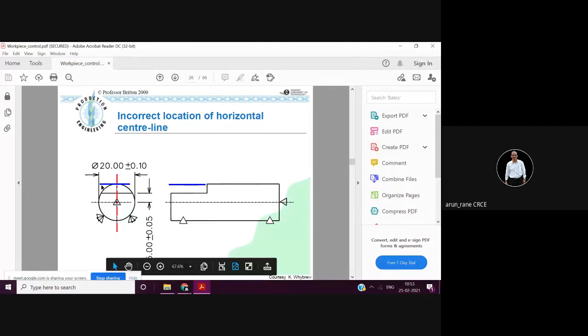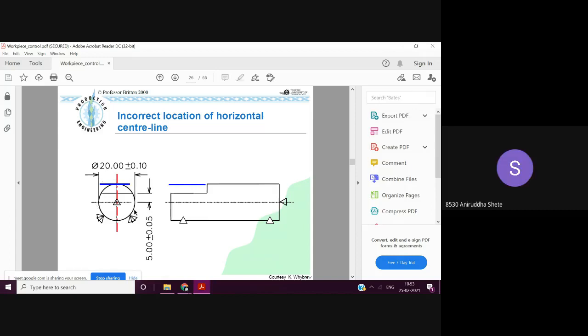Now suppose the second piece, if I receive diameter 21, by how much is the center line going to shift? Suppose the next workpiece which I receive has diameter 21, so the shift is 0.5 or by 1 millimeter.